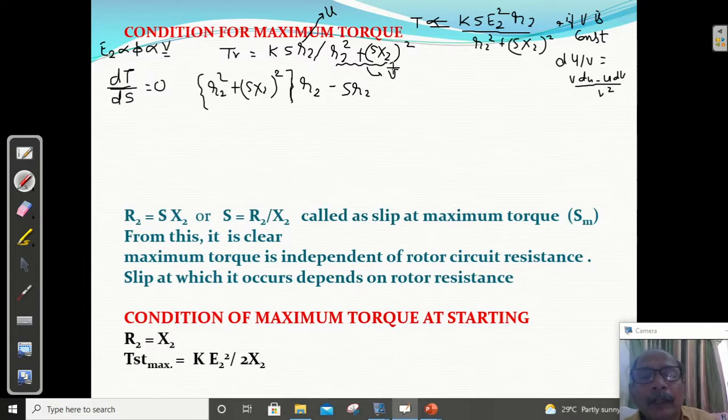dv means we are differentiating the denominator with respect to s.